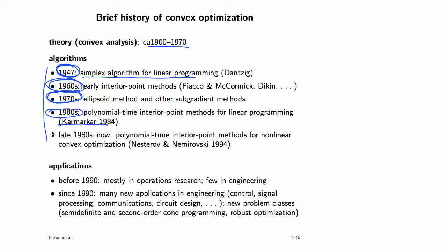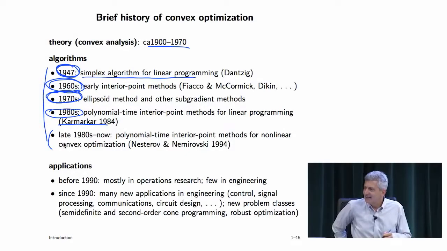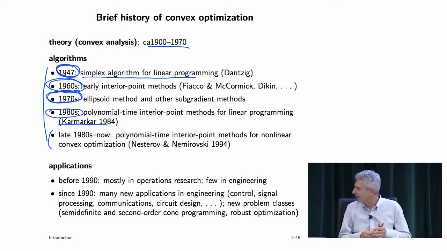Okay, maybe it was a slow news day. Still, it was the front page. And sometime in the late 80s to now, a whole bunch of things came together the right way, with people in the Soviet Union working on solving general convex problems and people looking at applications, and this all kind of came together, and it was great. Things worked out.